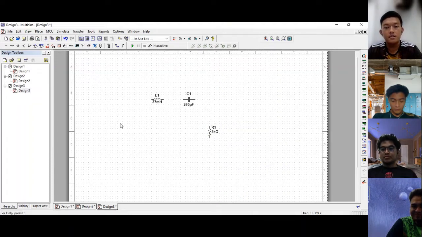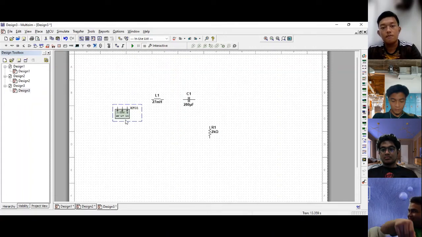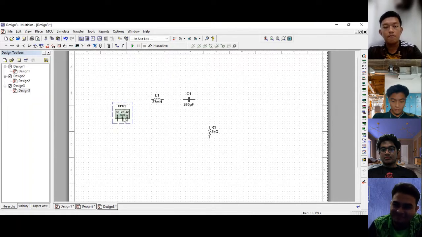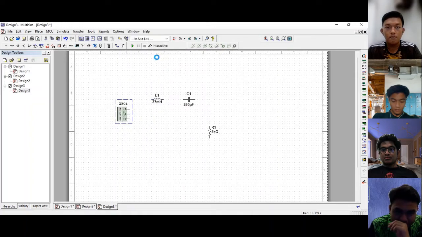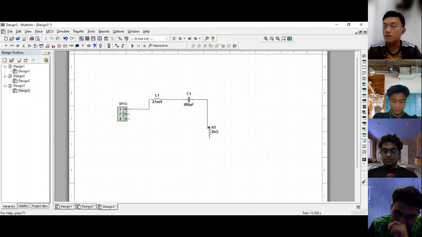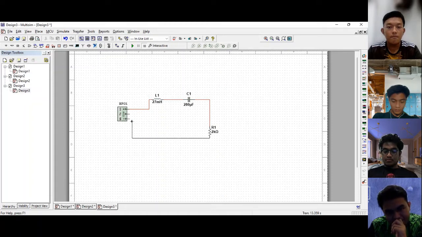Find the function generator. So the positive of the function generator goes to the terminal of the inductor, and complete the circuit. Find the oscilloscope.